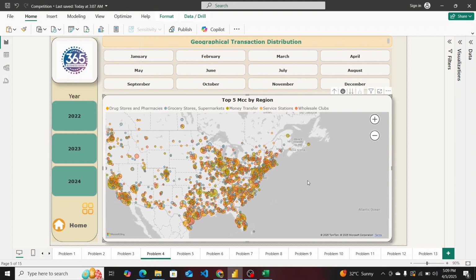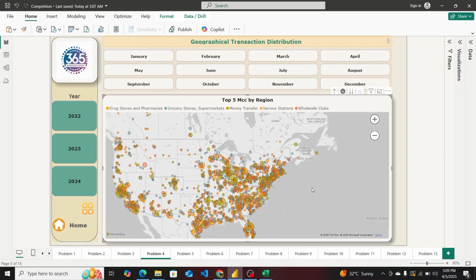It can also be observed that the eastern states of the United States have more transactions than the western states. So that's all for problem 4, and now let's dive into problem 5.